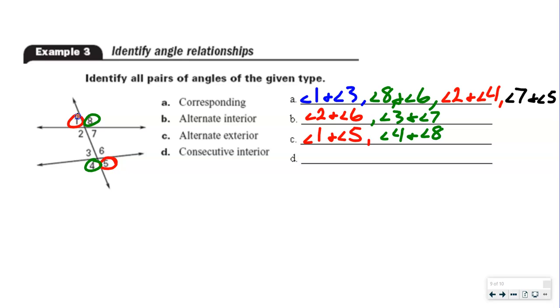And then lastly, the consecutive interior angles. Same side of the transversal inside the two lines. So 2 and 3. And 6 and 7.